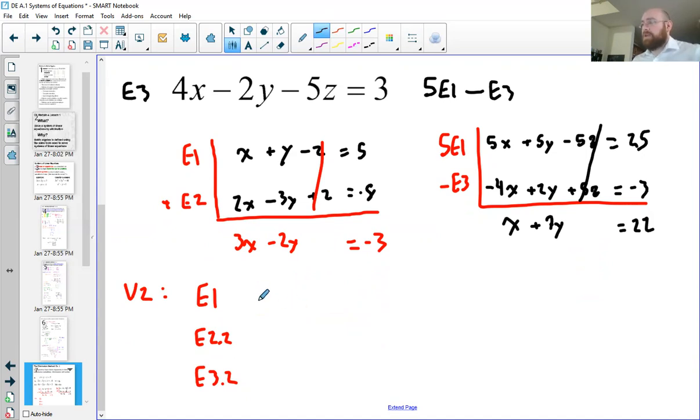So to copy these down real quick, we have x plus y minus z is equal to 5. Then we have 3x minus 2y is equal to negative 3. And lastly, we have x plus 7y is equal to 22.